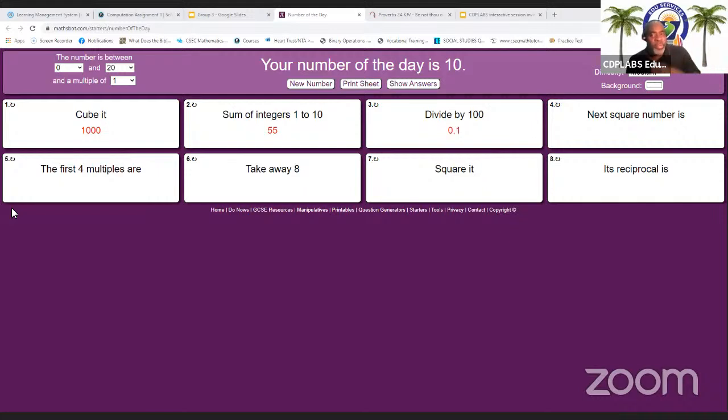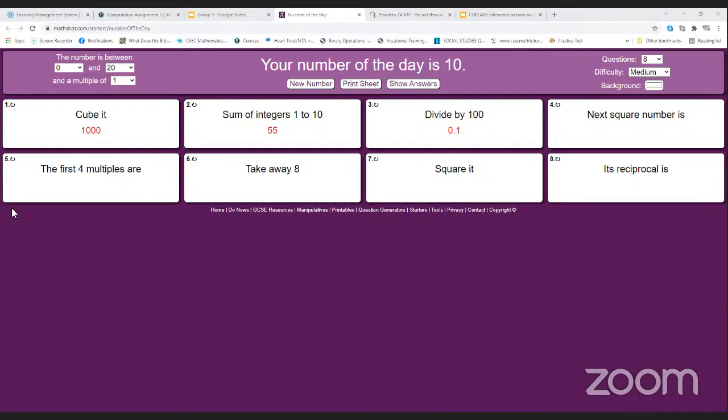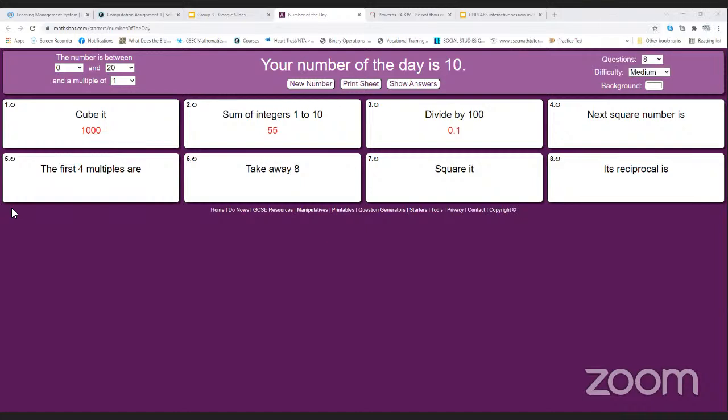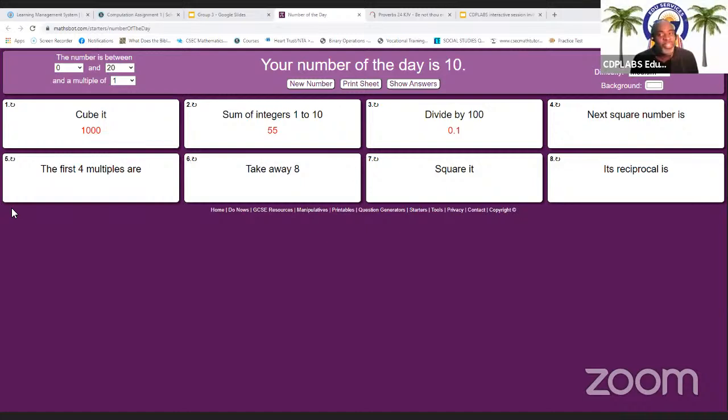Next square number is... No Roxanne, that's incorrect. Sir, could it be 11? 11 is not a square number, so that's wrong.